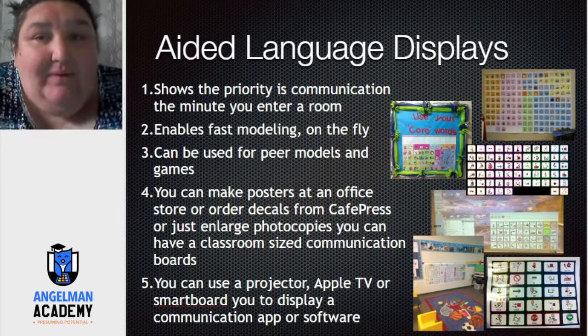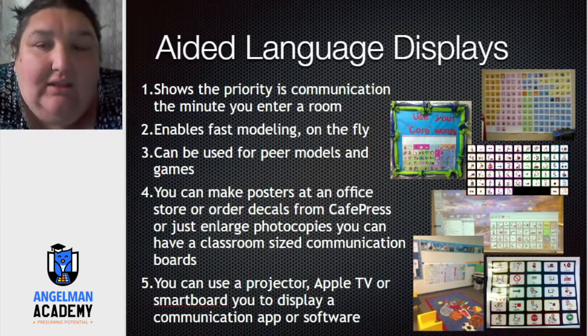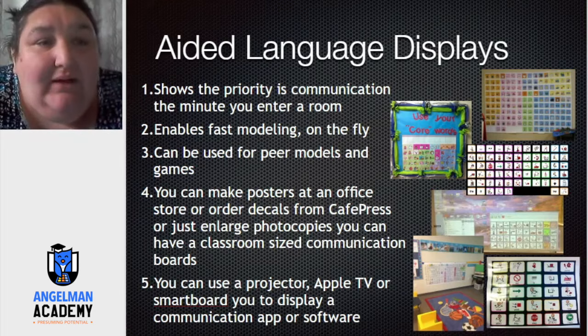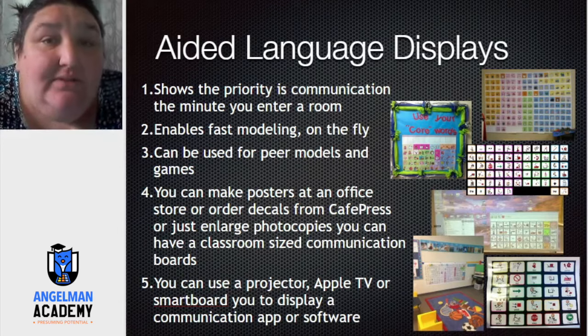So in other webinars that are online, I've talked a lot about aided language. And aided language is another word for augmentative and alternative communication when we're specifically talking about pointing to words or symbols.